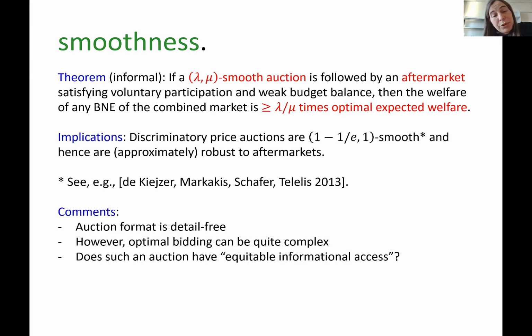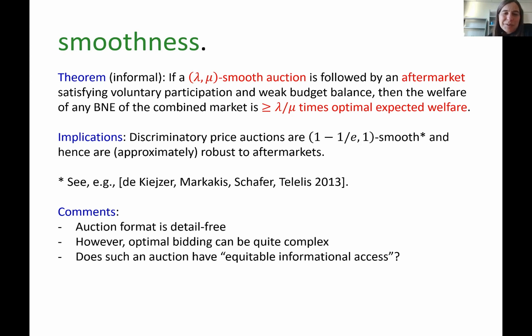So that's cool, and there's nice things about discriminatory price auctions, especially from a theoretical perspective. The auction format is detail-free, so I didn't need to know anything about the priors to decide the format of the auction. I was just using that in the analysis. But optimal bidding in this kind of discriminatory price auction can be quite complex, as noted by the fact that I didn't even try to analyze it, right?